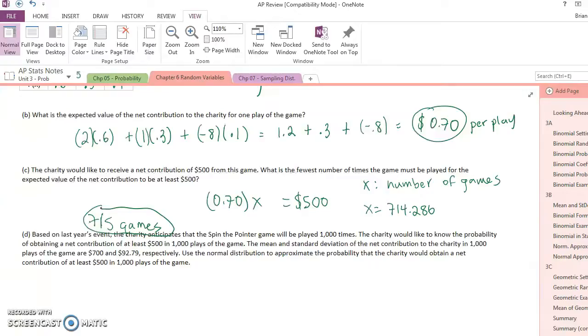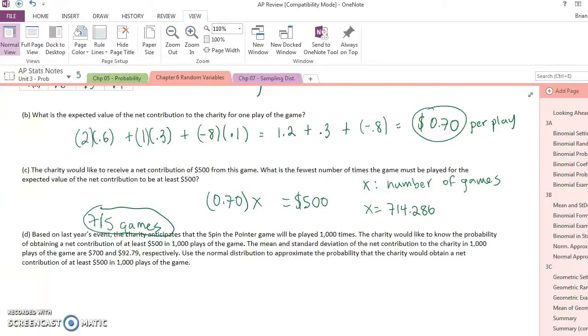Okay. Based on last year's event, the charity anticipates that the spin the pointer game will be played 1,000 times. The charity would like to know the probability of obtaining a net contribution of at least $500 in 1,000 plays of the game.